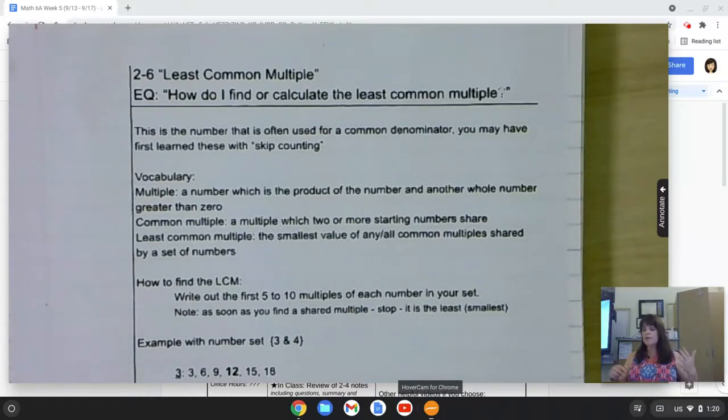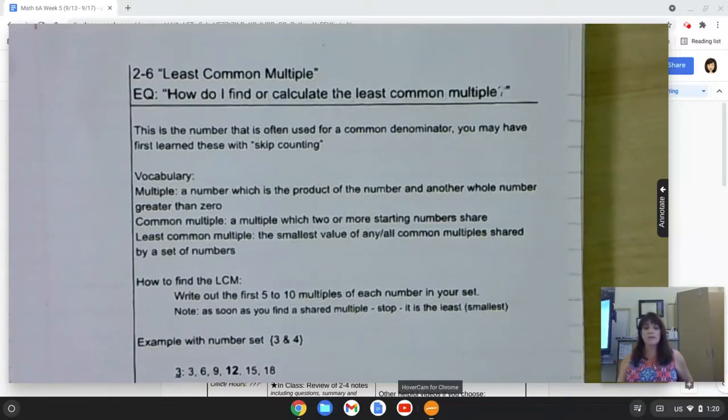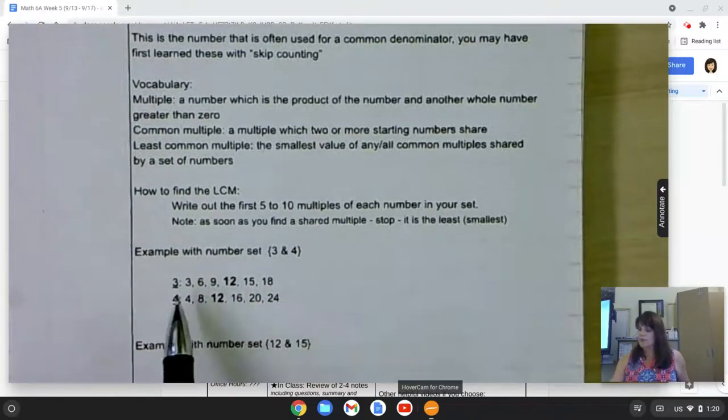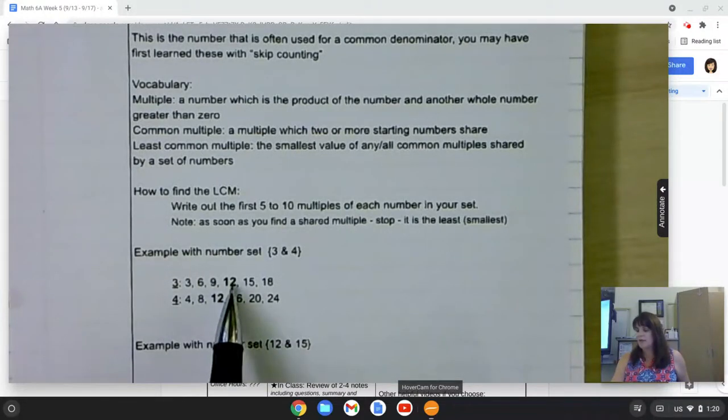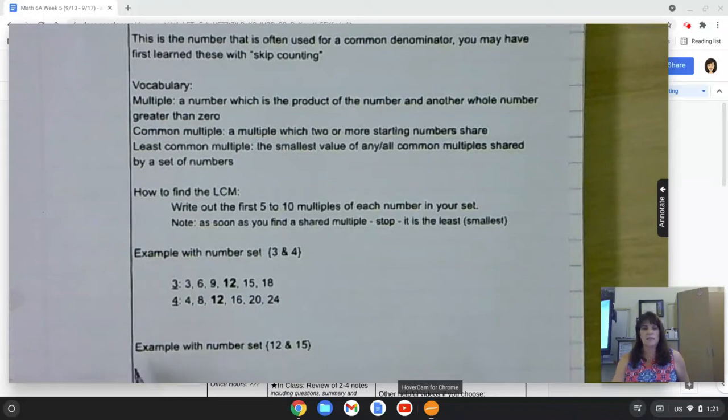So if I wanted to find the least common multiple, let's look at these examples. Multiples of 3: 3, 6, 9, 12, 15, 18. Multiples of 4: 4, 8, 12, 16, 20, 24.